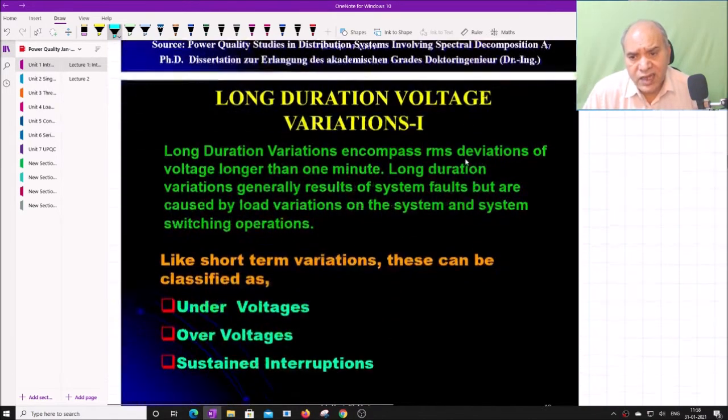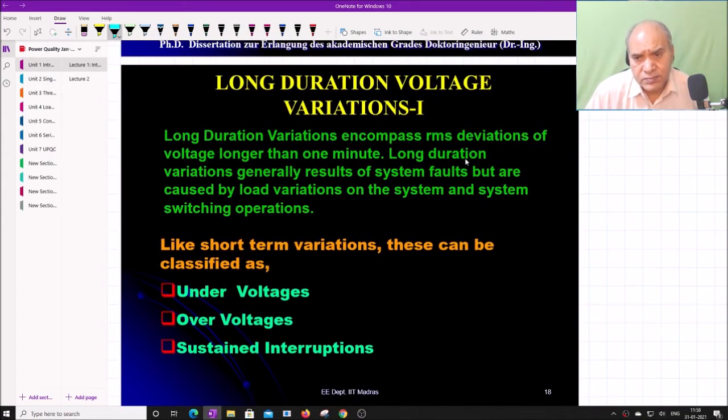Having said that, there is another kind of parameter that is called long duration voltage variation. Long duration voltage variations are termed as under voltage and over voltage and sustained interruption in the system.